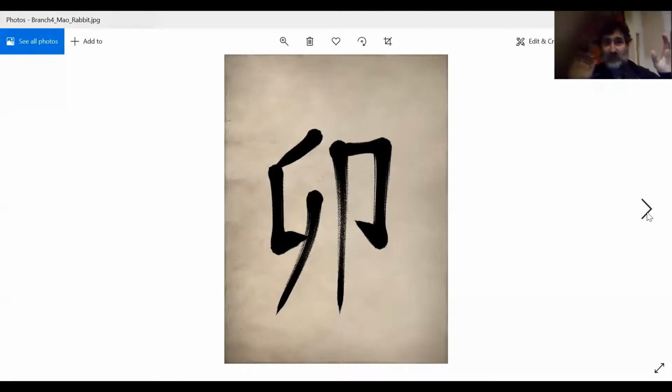Rabbit is very responsive, not big and powerful like a tiger. So a rabbit has to watch out. And this is similar to yang wood, the native of a tiger, which is very much let's go, let's be bold. And rabbit, yin wood, we have to yield and really pay attention to what's happening.